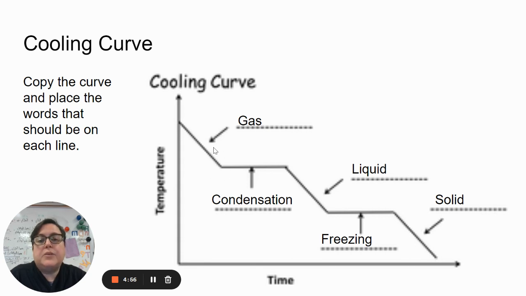And then the plateaus, gas to liquid is condensation, and liquid to solid is freezing. And if we wanted to know at what temperature it condenses, or the condensation point, we could just trace that line over to the y-axis and get the temperature. Same with the freezing point. We can just trace that line over and look at the temperature.